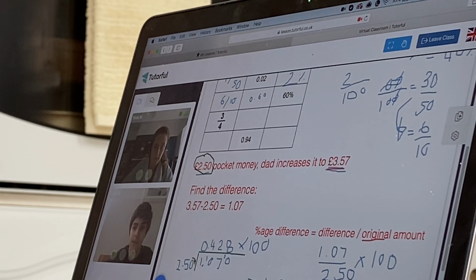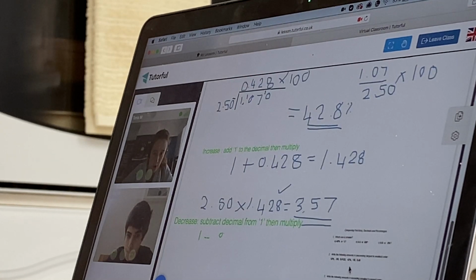Can you see that? I'll put it in green. For a decrease, subtract the decimal from 1, then multiply. Let's try decreasing it by 42.8%. So we do 1 subtract our decimal, 0.428.